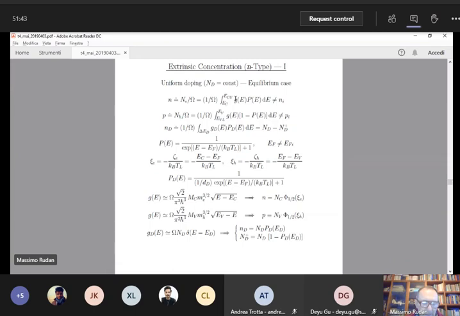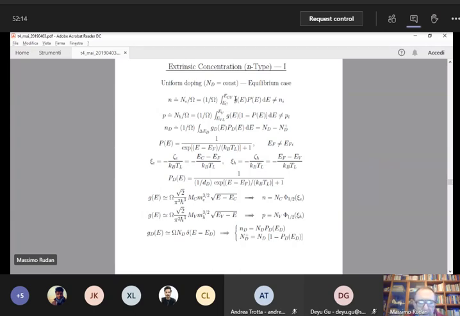So the total number of states of the donor atoms is equal to the total number of donor atoms, that is exactly omega Nd. So if you integrate Gd over energy, remember that the integration of a delta gives you a 1. So the integration of omega Nd delta gives you omega Nd as should be.